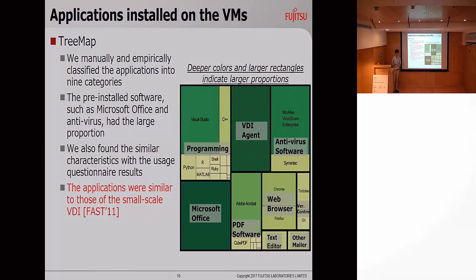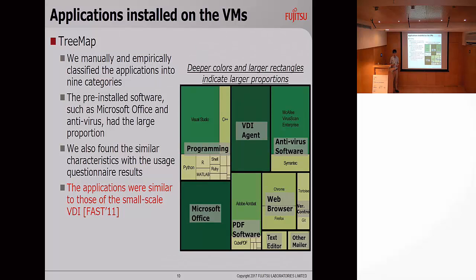Before presenting our analysis results, I'd like to introduce the applications installed on the VMs. Please look at this tree map. In the tree map, deeper colors and larger rectangles indicate larger proportions.